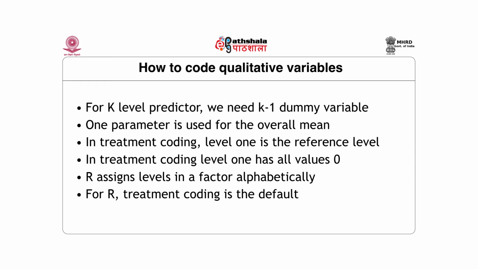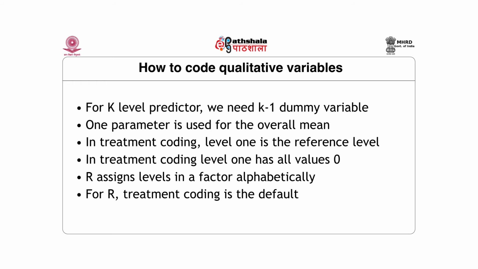Of course, if you want to play with R, you can change the names of the levels, and R will accordingly adjust what value it assigns to that particular level or category. And in R, the coding that it uses for dummy coding is treatment coding.